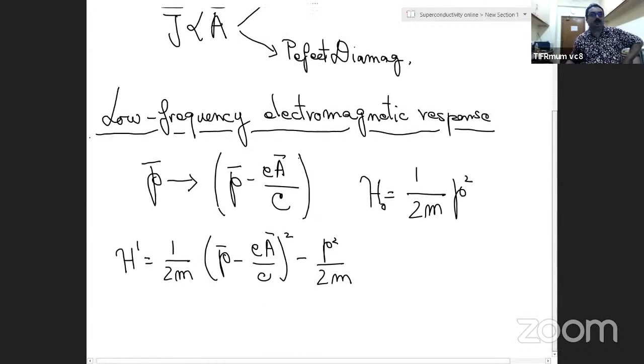This is actually the general Hamiltonian, and this is actually the classical thing. It will become quantum mechanical once I put in the operators for P and so on.